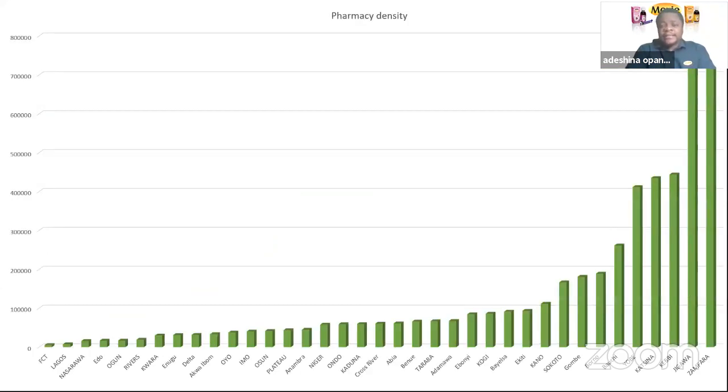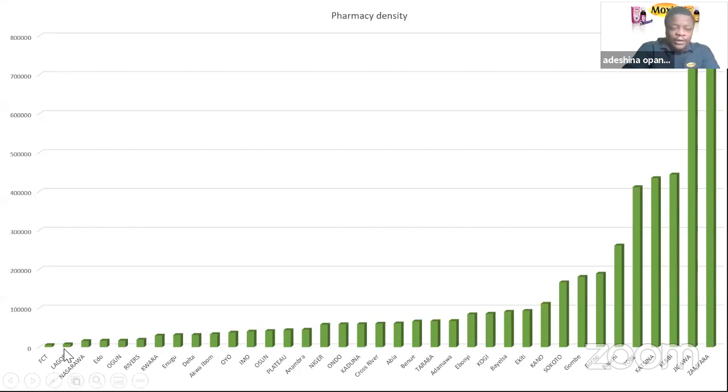You will see that even though Lagos has the highest number of pharmacies, Abuja has the highest pharmacy density. Pharmacy density is the number of pharmacies per population.